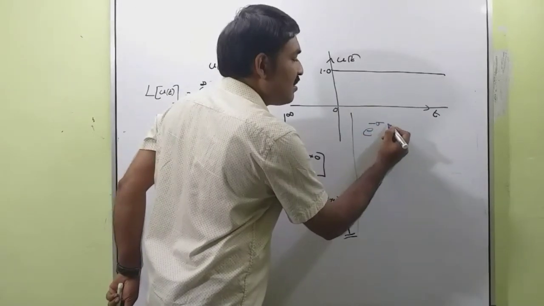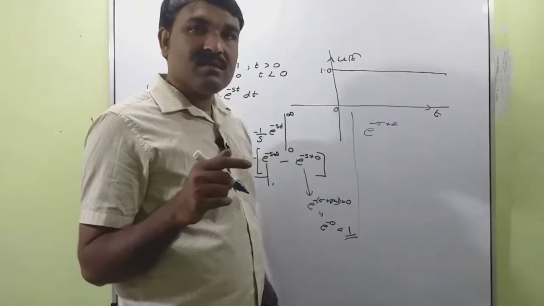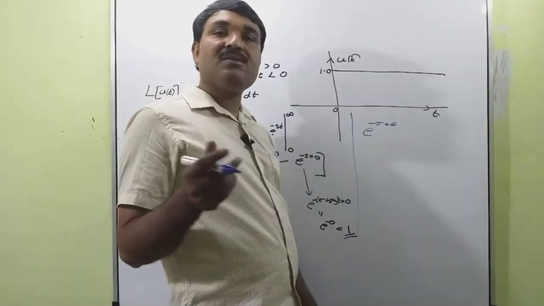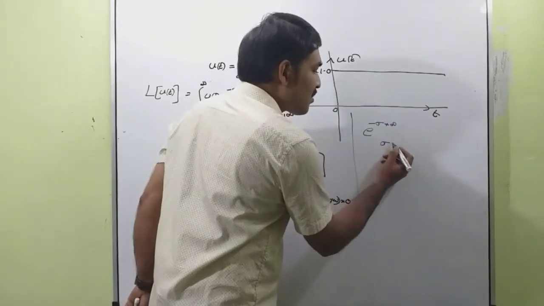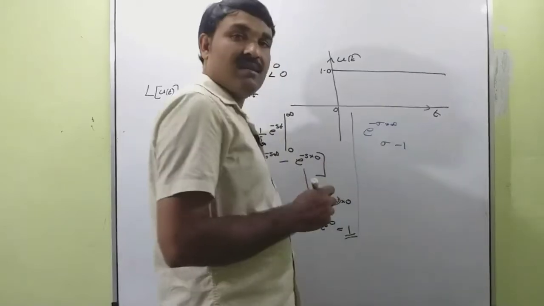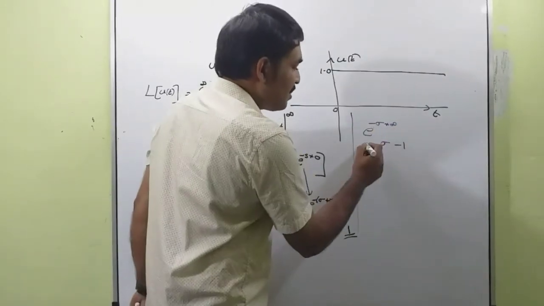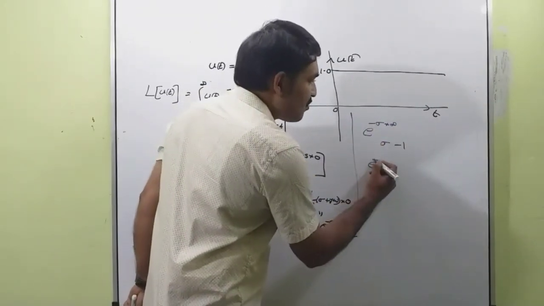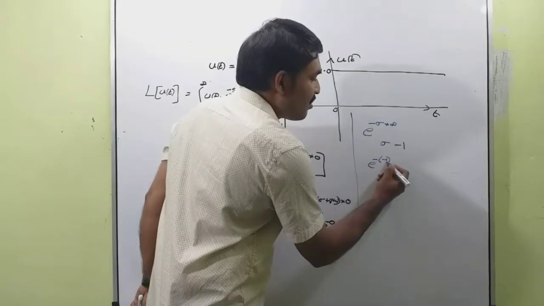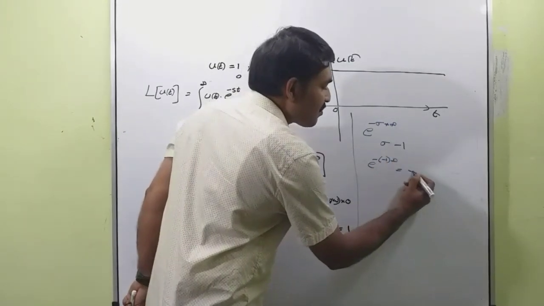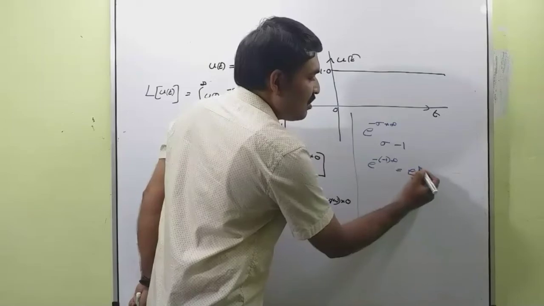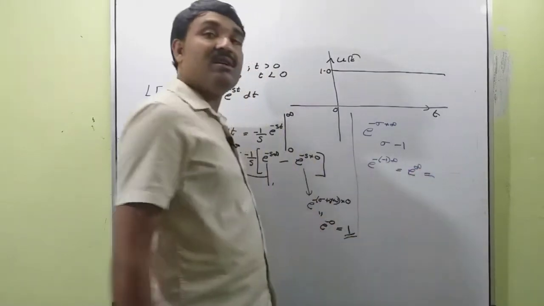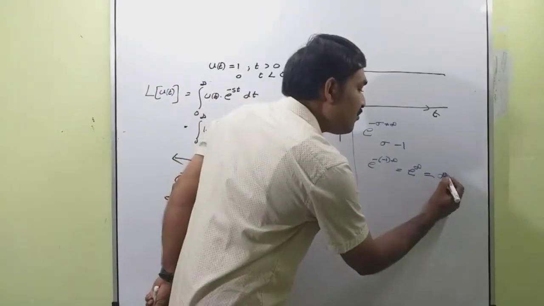Suppose the value of sigma is minus 1. Then what happens for this term? This term becomes e raised to minus of minus 1 into infinity, that is equal to e raised to infinity. We know that e raised to infinity is equal to infinity.